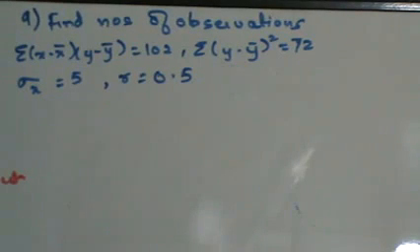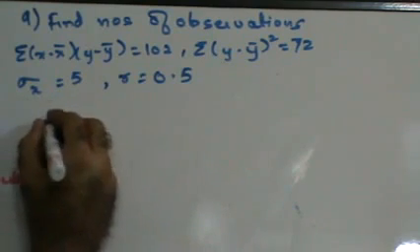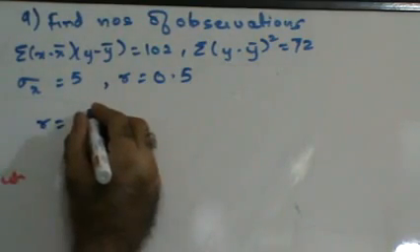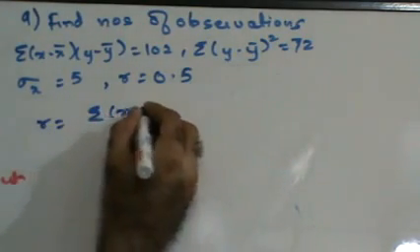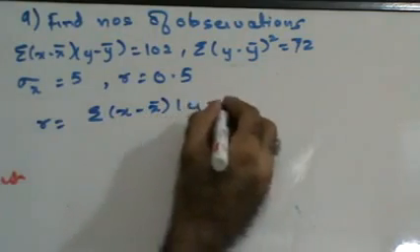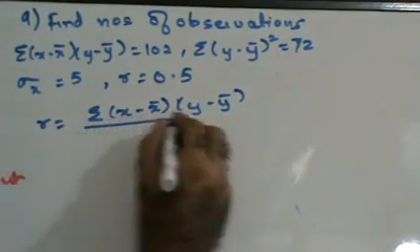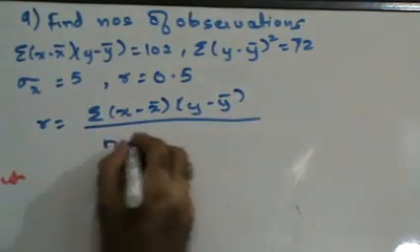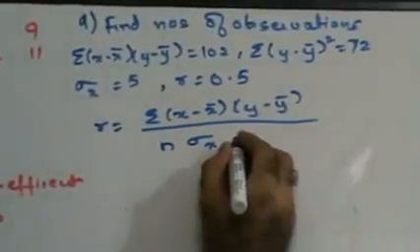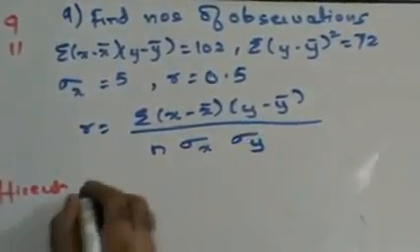Now, since standard deviation is given to you, you will have to use that formula of Karl Pearson where you have standard deviation. So you will say R is equal to sigma (x minus x bar)(y minus y bar) upon n times standard deviation of x into standard deviation of y.